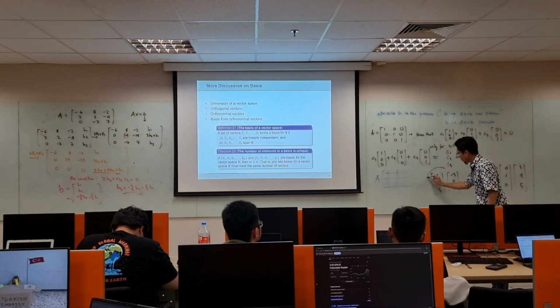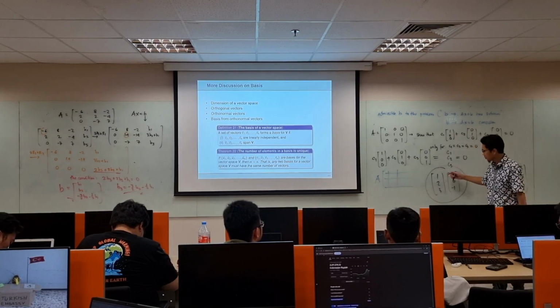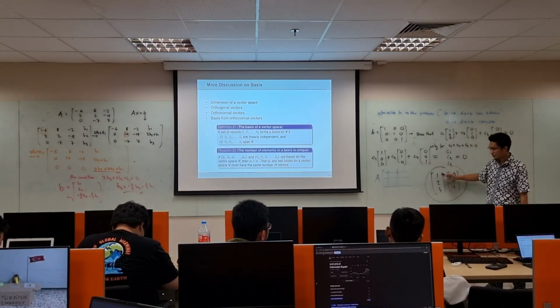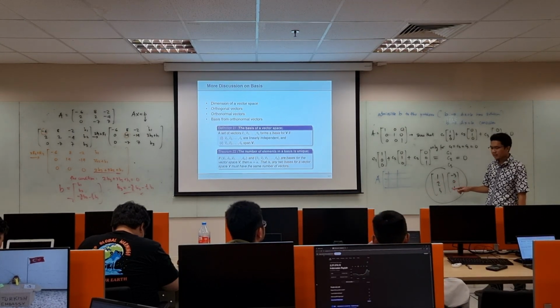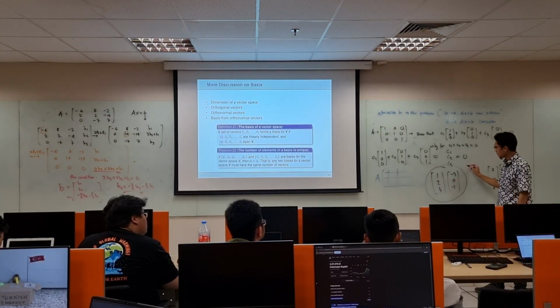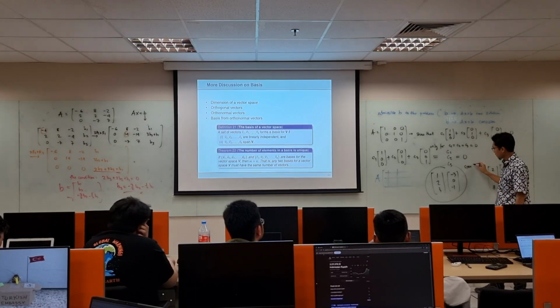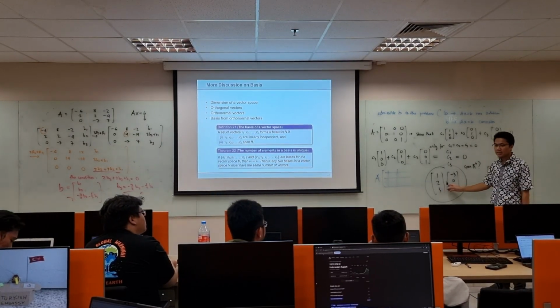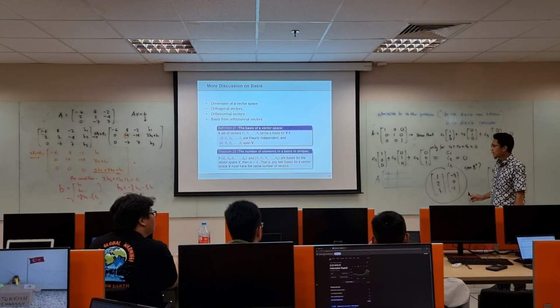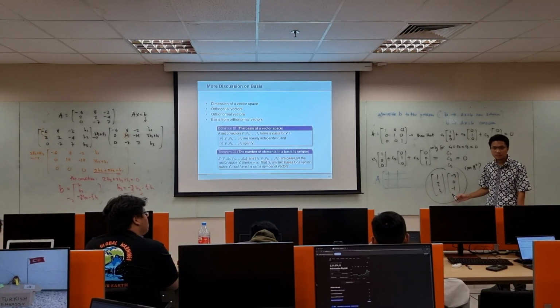If I ask you a question on this, this is 3 rows, column. This is linearly independent. Does it span R3? No, because not enough number of columns. Does it span R2? Yes.